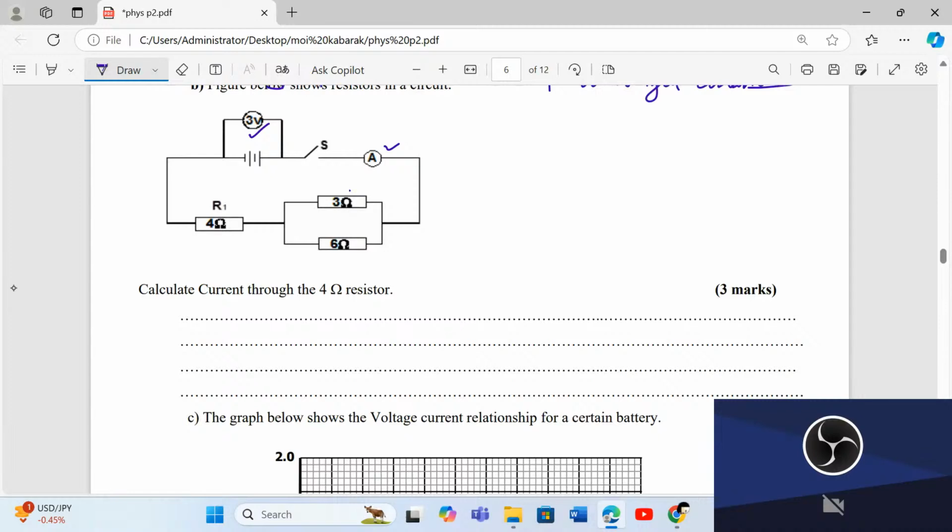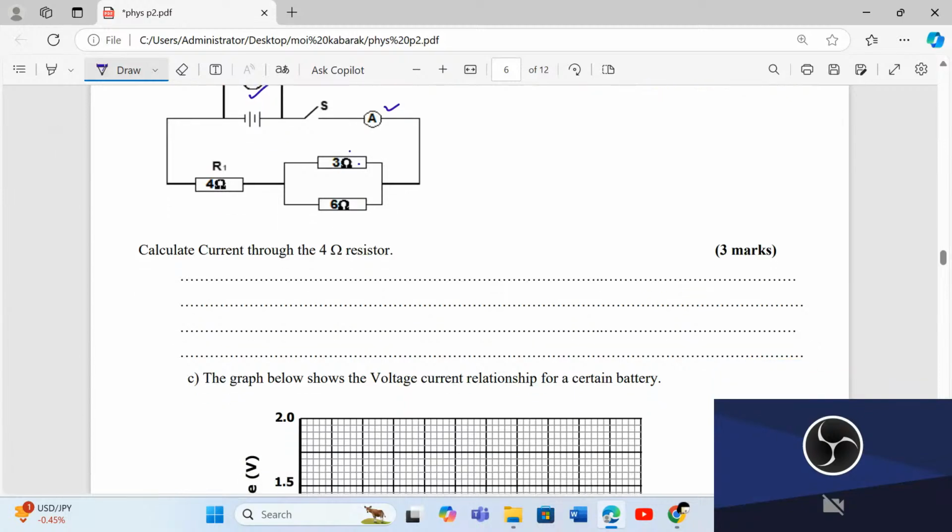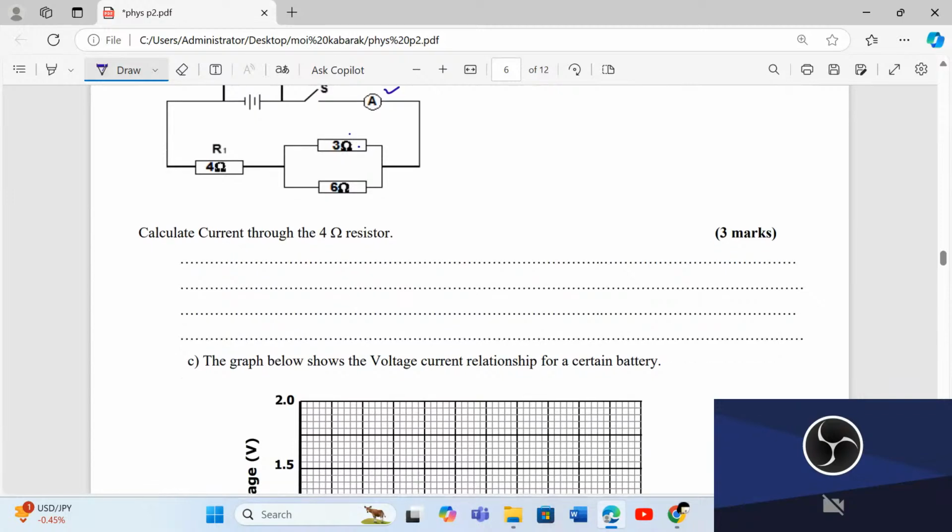This is a 3 ohm resistor, 6 ohm resistor, and 4 ohm resistor. The 3 ohm and 6 ohm are in parallel connection, but their entire effective resistance is in series with the 4 ohm. Then now we are asked about the current through the 4 ohm resistor.